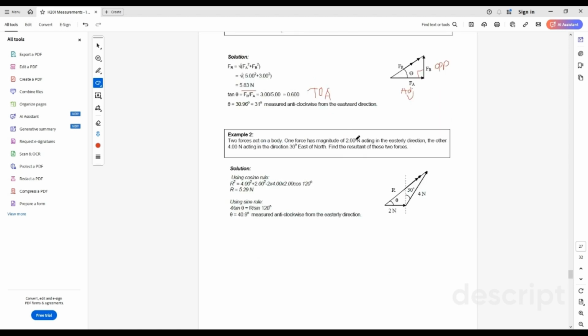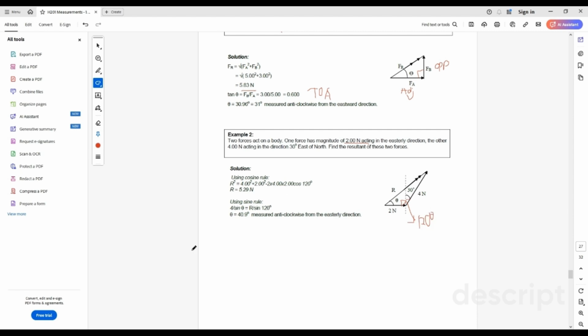So what about two forces that are not perpendicular to each other? Well, what we can do here is apply the cosine rule. We have a force of magnitude 2 newtons acting east and another force of 4 newtons acting 30 degrees east of north. So we know that this is a 90-degree angle and therefore the total angle here would be 120 degrees.